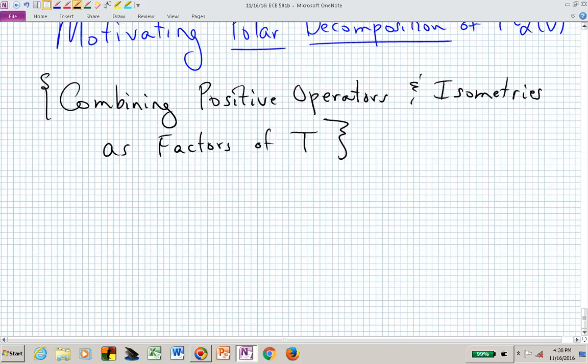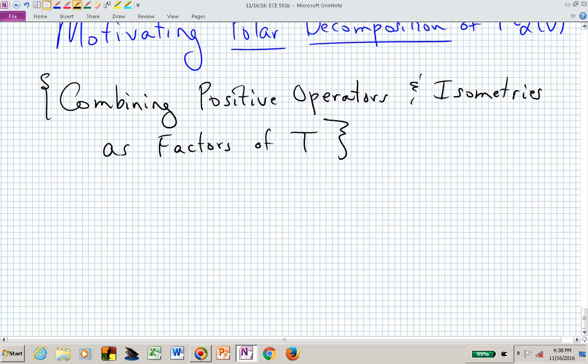Just like you can factor an integer into its pieces, maybe I'll just say 6, and that's 2 times 3.